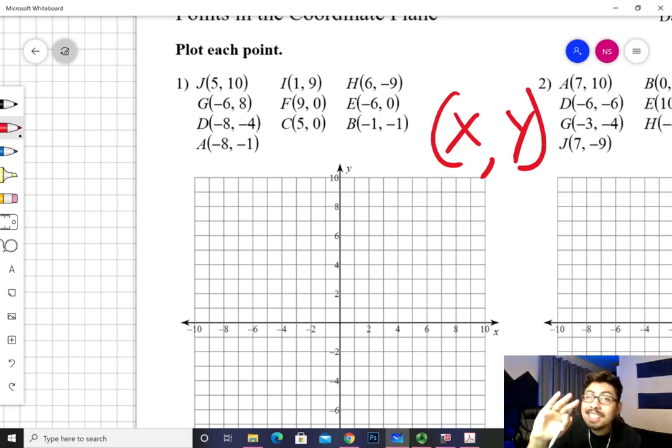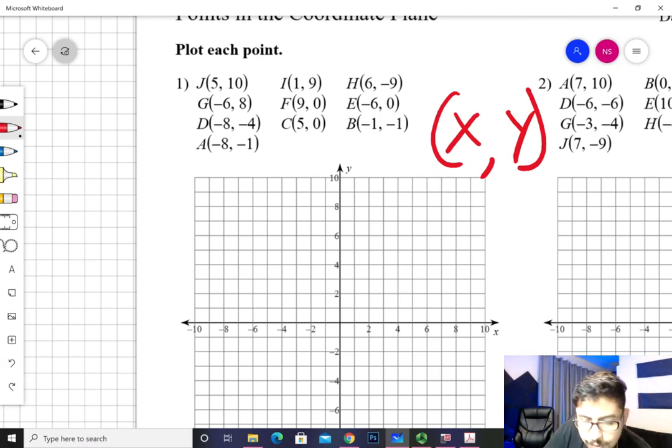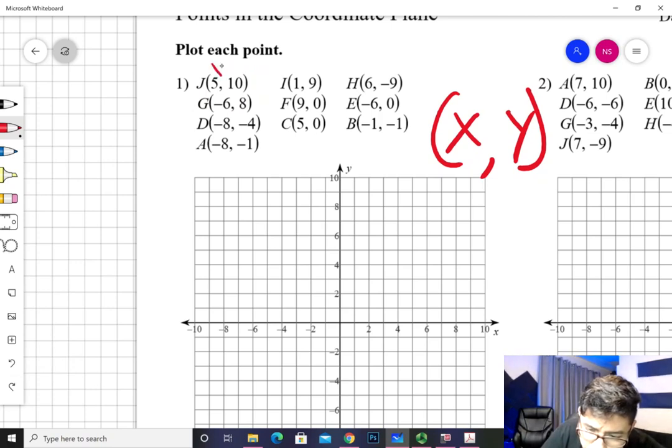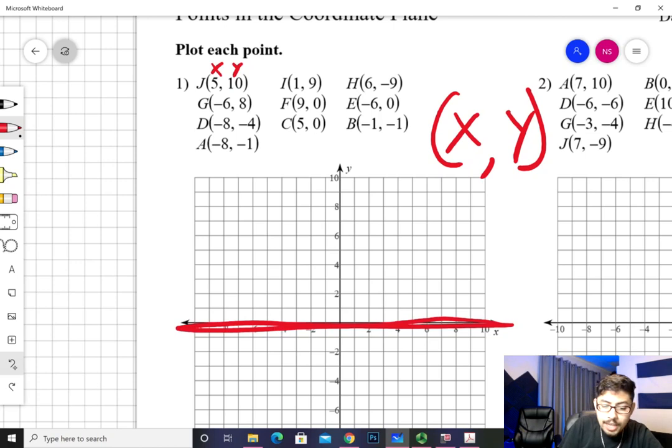Okay? This is what I mean by that. I'm going to leave this up there actually. We're going to go plot the letter J. And they're telling us it's at the coordinates 5 and 10, specifically your x and y, 5 and 10. All I need to do is go to my x-axis and locate that number.